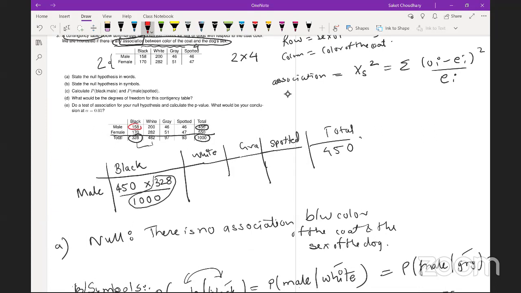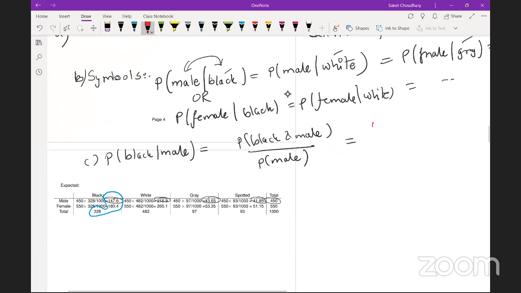So that's 158. And we are male for sure, right? So if we are male, that's 450. Does that make sense? So this is black and male, and 450 is that you're male. So that's 158 by 450. Okay, and that is 0.351.